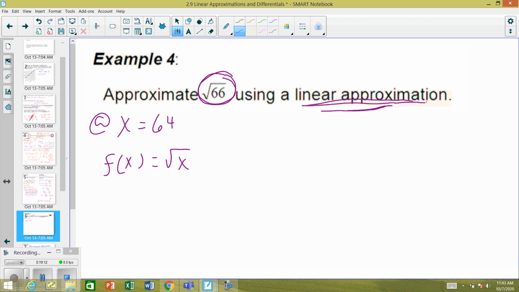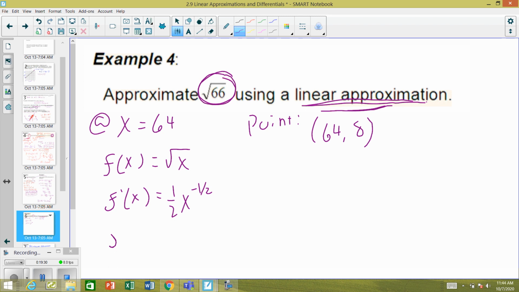All right, so let's think about this. So my point is going to be 64, comma, and the square root of 64 is 8. Yeah, 8. Brain fart. And then now if I do f prime of x, again, that's 1/2 x to the negative 1/2.